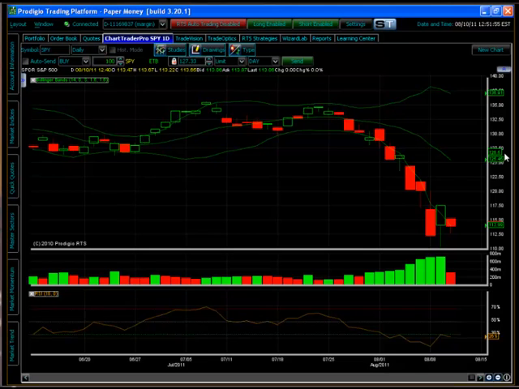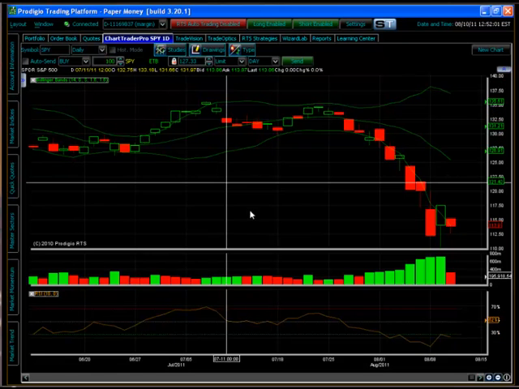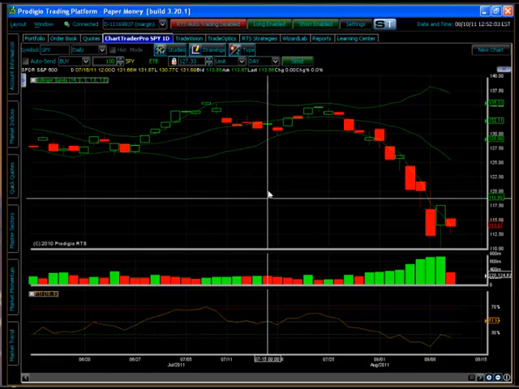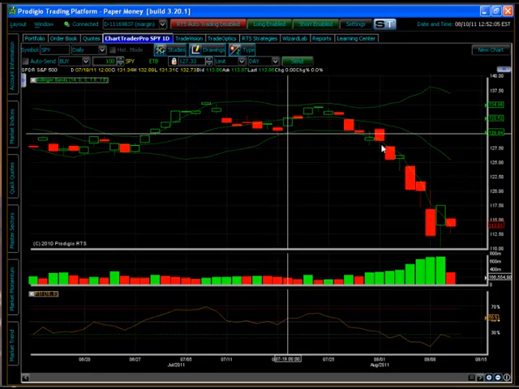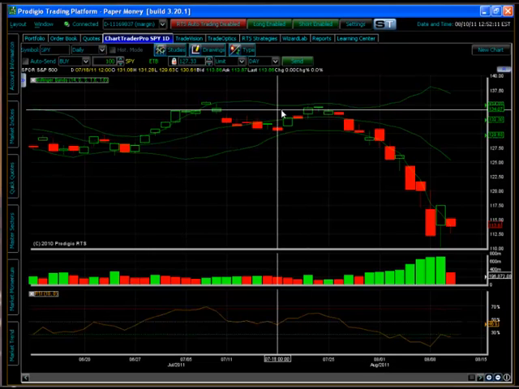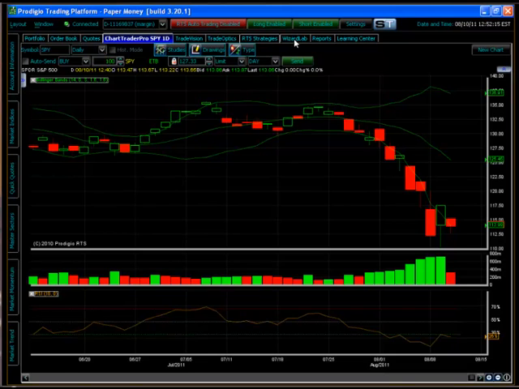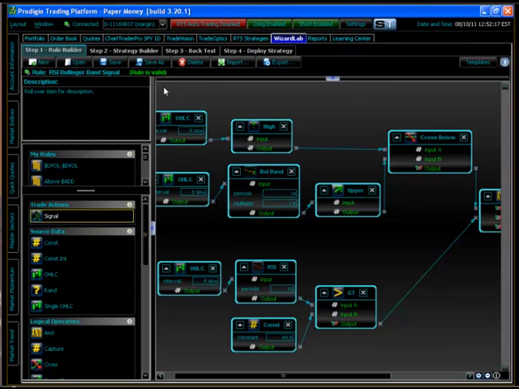But what I'm going to do here is look for something very simple. I've been looking at Bollinger Bands, and I'm going to look for something that's in the lower range of my Bollinger Band. And if it's in the lower range of my Bollinger Band on the daily bars, I'm going to say it's bullish or bearish. So let me show you how you would do that in Wizard Lab.